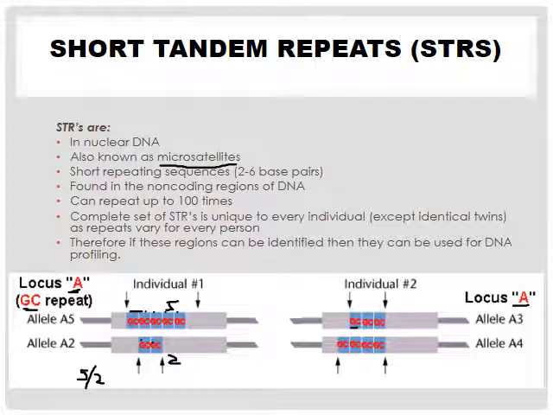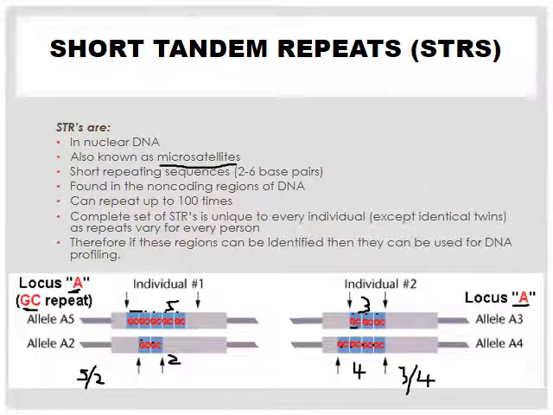With individual 2 at this locus, GC is repeated 1, 2, 3 times, and on his other allele 1, 2, 3, 4 times. So his genotype would be 3, 4. And you can tell that those 2 individuals are different people.